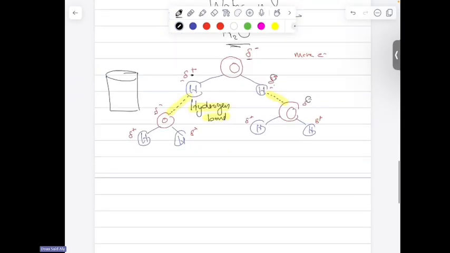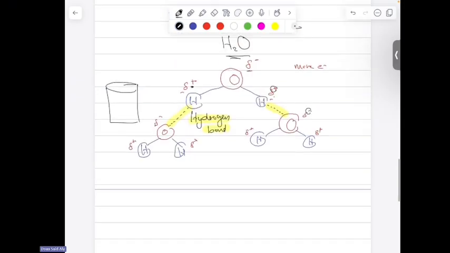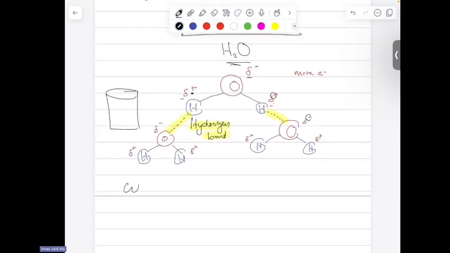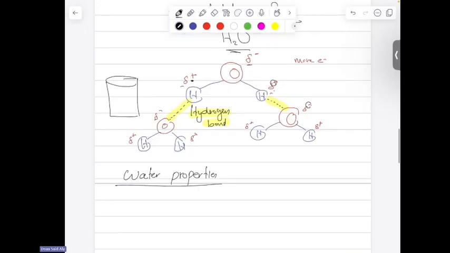The first water property, water properties. The first one, cohesion, and the second one, adhesion.